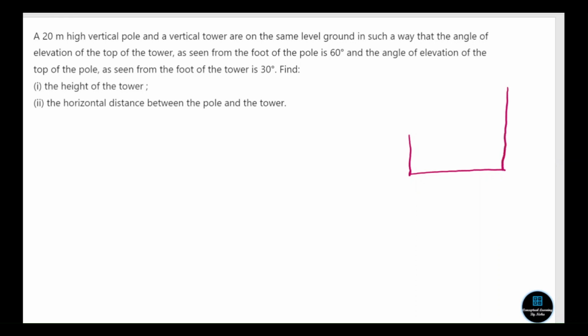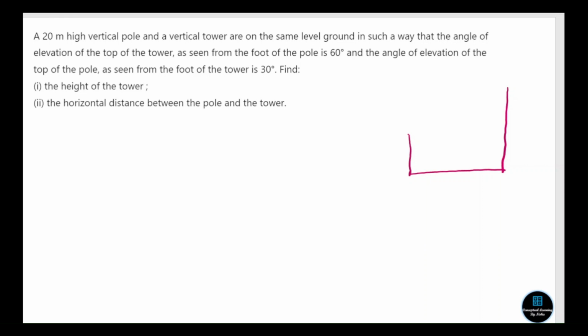Now how to decide which one is higher and which one is shorter? So see, they have given the elevation. So see what they are saying, elevation of the top of the tower as seen from the foot of the pole is 60° and the vice versa is 30°.